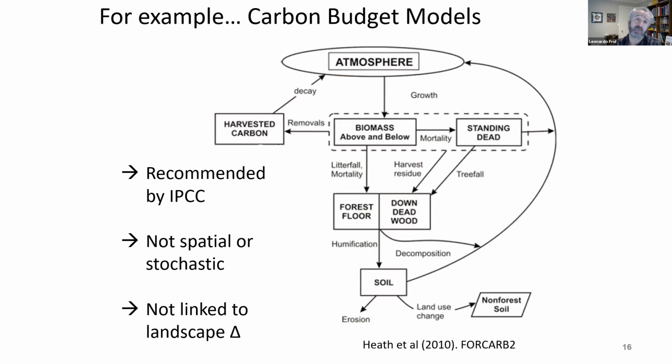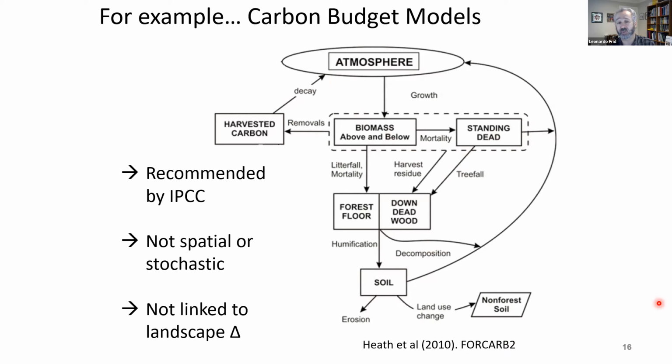And so one of the examples of that is ecosystem carbon, where in any one particular location, you might have different amounts of ecosystem carbon in what we call pools, such as live biomass, dead wood, and soil carbon. And there are already modeling tools that you can use for doing this kind of modeling.